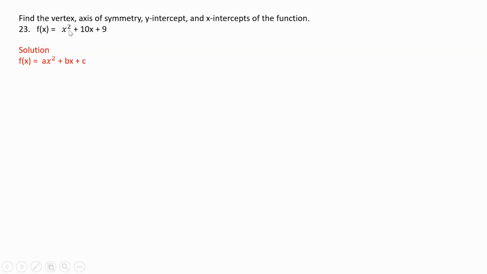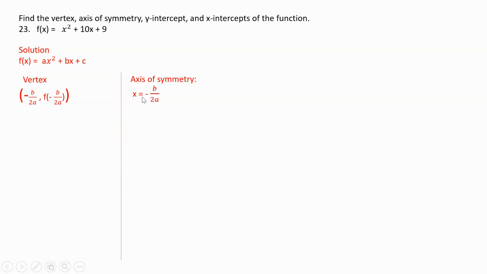If it's in the form ax squared plus bx plus c, this is how you find the vertex: negative b over 2a, and f of negative b over 2a. At times, this seems a little bit intimidating to some students. All this means is that once I get the x value, which is negative b over 2a, I plug it back into the original to find the y value of the vertex. Okay, right now I'm going to show you how it's done.